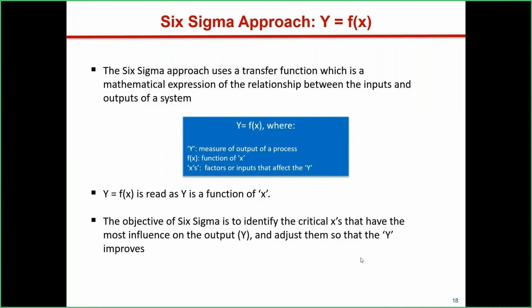So in order to reduce variation, if you identify all the inputs, identify the critical inputs, and you fix them, you automatically reduce the variation and improve your product. That in short is what you do in the entire Six Sigma cycle or all 5 cycles.